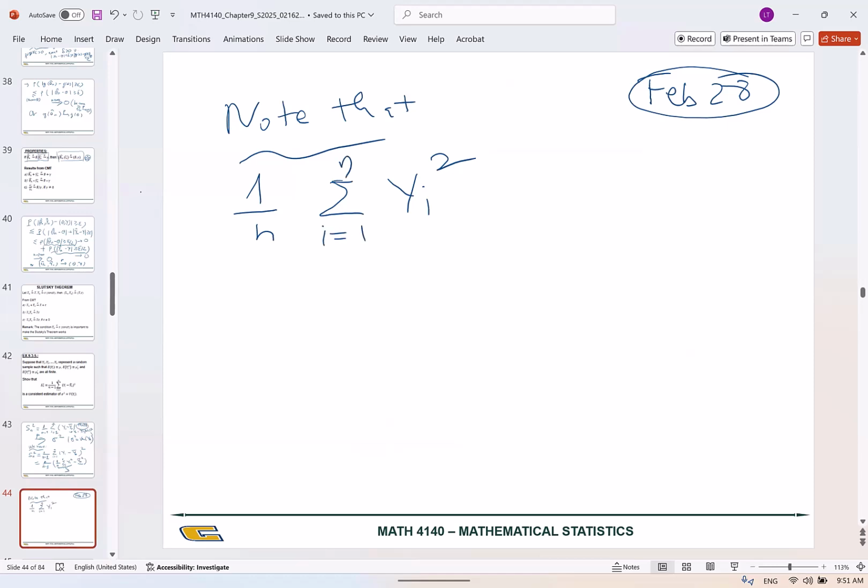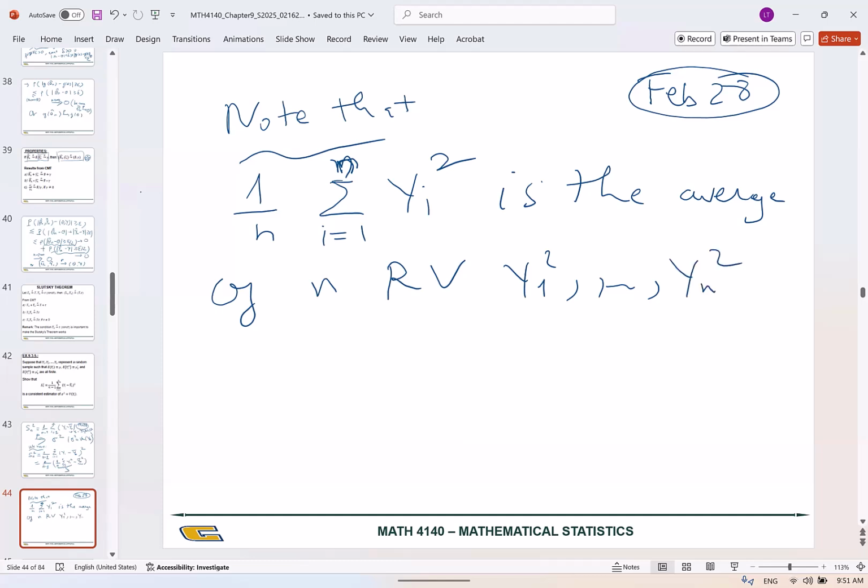it's just the average, right? It's the average of n random variables, and each variable now becomes yi square, right? I just write down here, it is the average of n random variables y1 square, y2 square to yn square, with mean equal to mu2 prime, right?